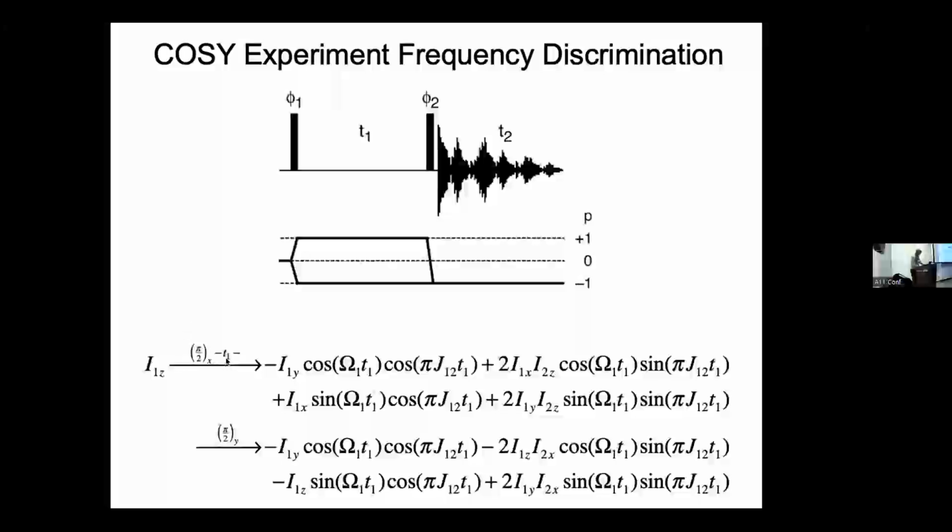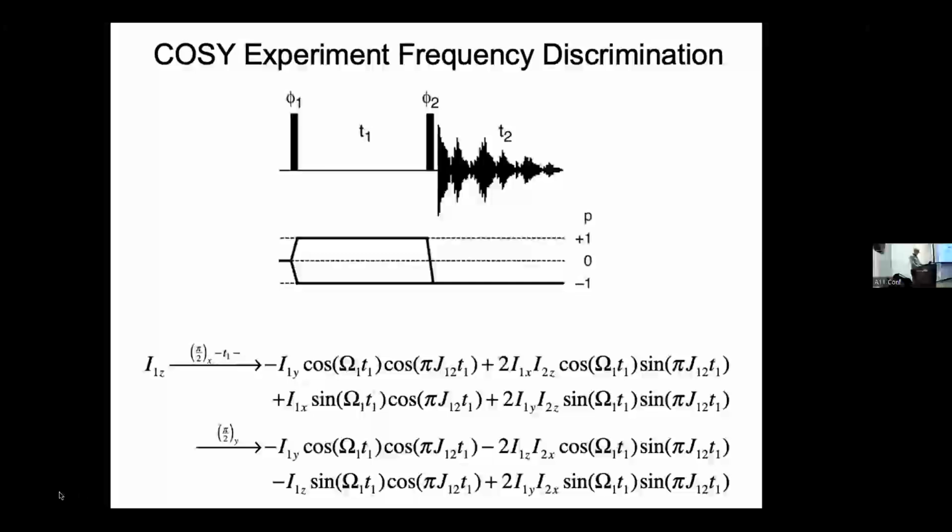So here I changed the phase of the second pulse to be Y rather than X. Most of the time, if you looked in the pulse sequence, you would see actually it was the first pulse, the pulse before T1, that was changed. And that's really for some experimental reasons rather than theory reasons. From the theory, it doesn't matter. I just need to change one pulse, the pulses relative to each other by 90 degrees.